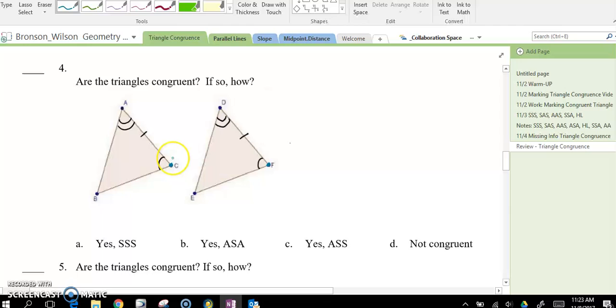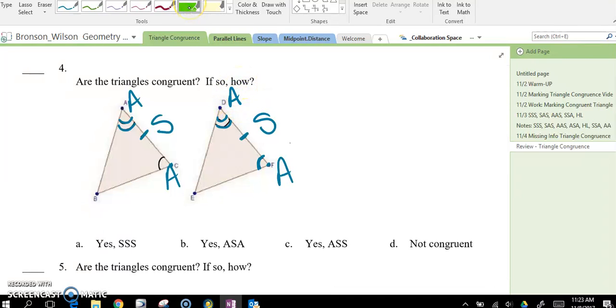Angles. Or I could say angle EFD, and I'm referring to this one. This is an angle, and it's congruent to this angle. Okay, then I have this tick mark here. What is that tick mark representing, an angle or a side? Side, very good. And then I have this right here, and what is that representing? Right, and it's a second set of congruent angles.